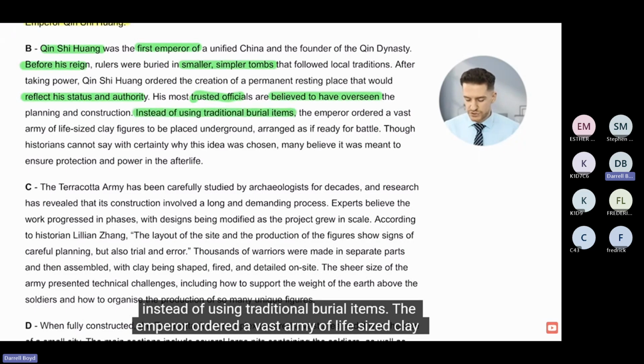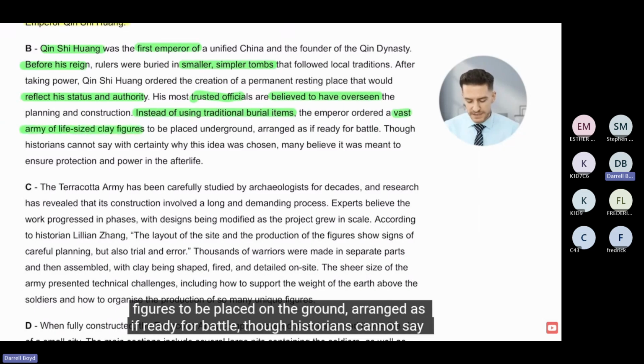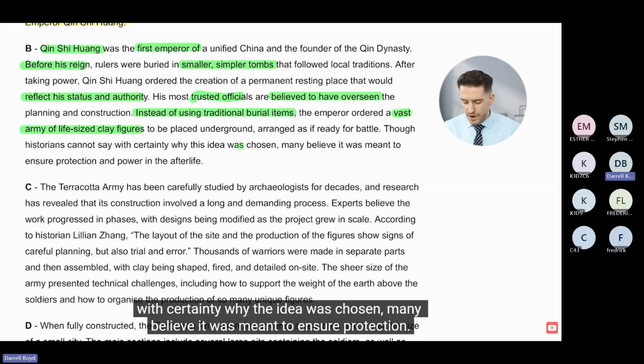Instead of using traditional burial items, the emperor ordered a vast army of life-sized clay figures to be placed underground, arranged as if ready for battle. Though historians cannot say with certainty why the idea was chosen, many believe it was meant to ensure protection.